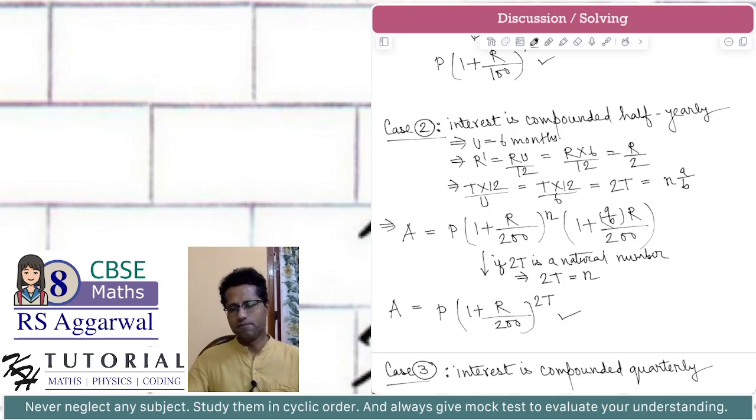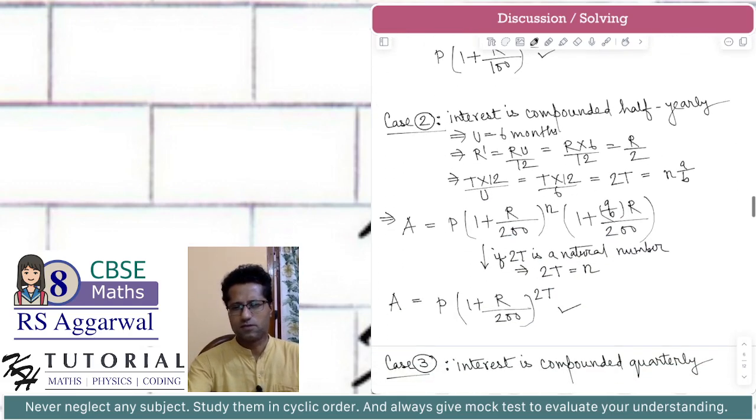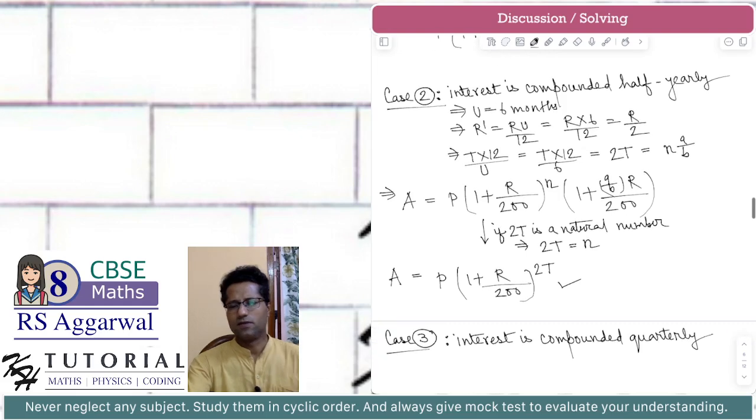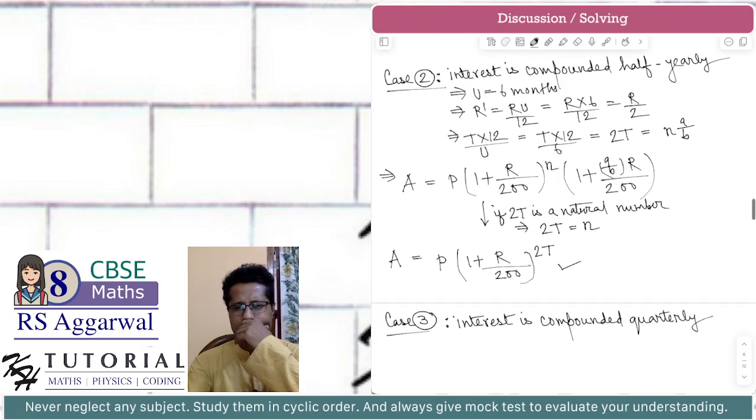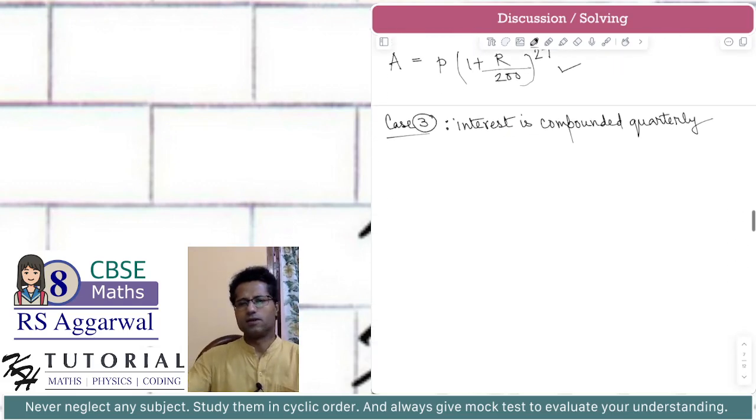As you can see, all these are special cases of my general formula. So this was when interest is compounded half yearly. Let's see when the interest is compounded quarterly. So this will imply u is equal to 3 months.